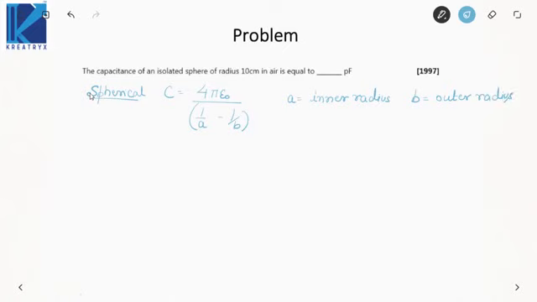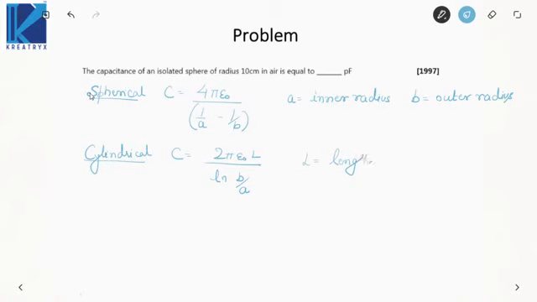Similarly, in case of a cylindrical capacitor, the capacitance is 2 pi epsilon naught L divided by ln B by A. Same thing, B is the outer radius, A is the inner radius, and L is the length.